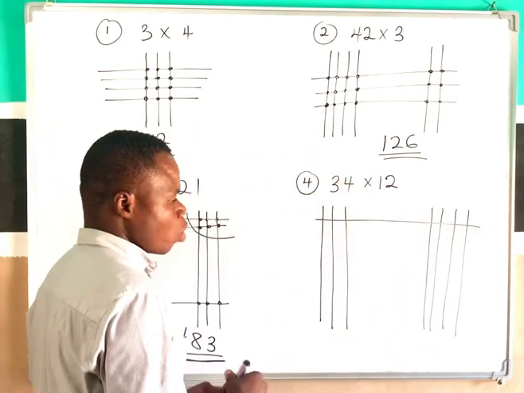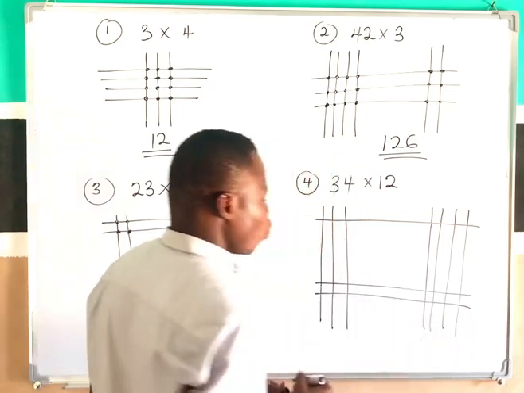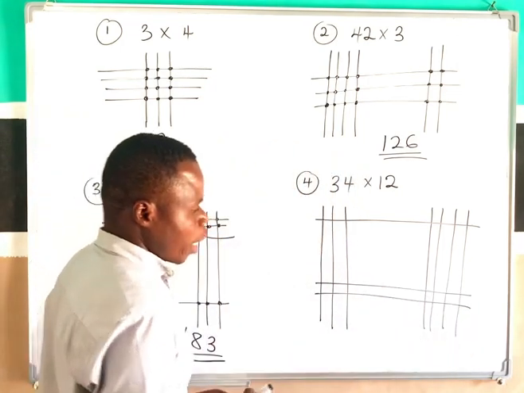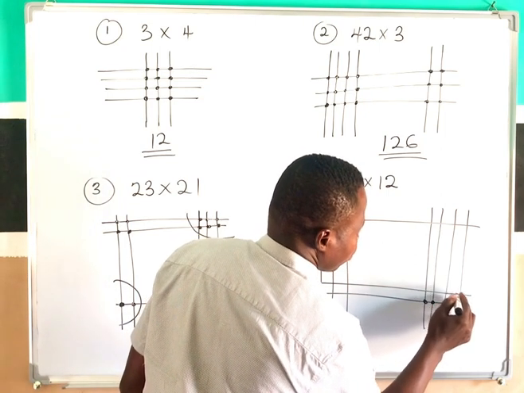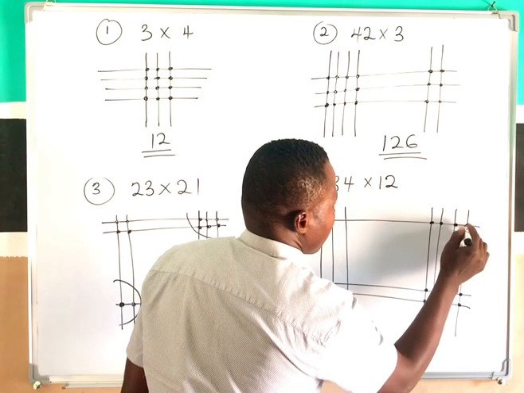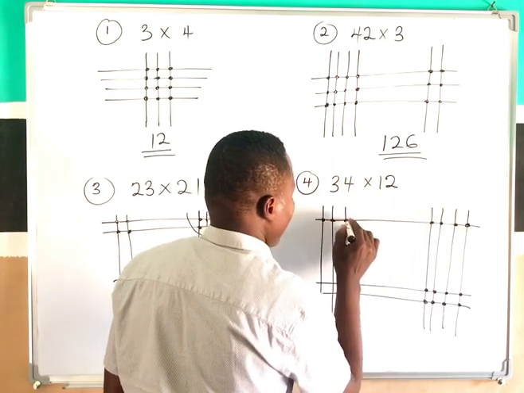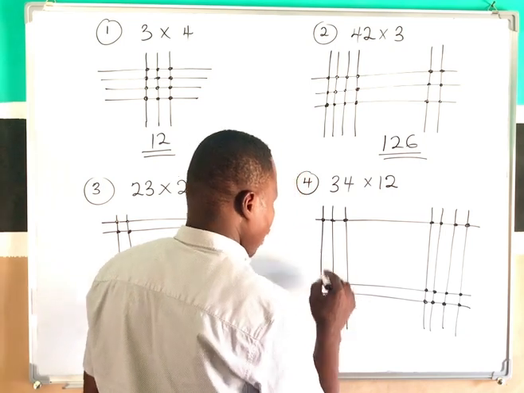Then come down and draw 2 lines like this. So where these lines meet each other, I will now put dots. Like this. And group this.